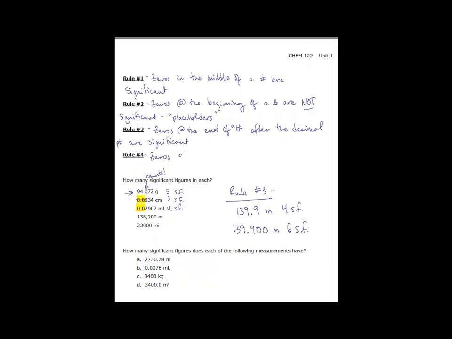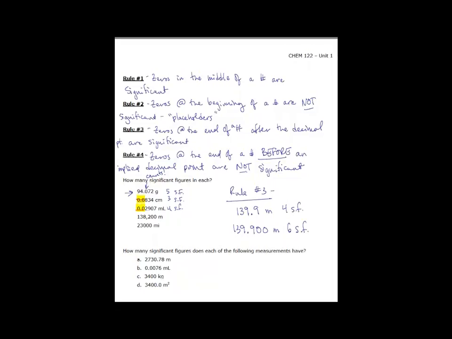Zeros at the end of a number before an implied decimal point are not significant. So these last two numbers that I have, 138,200.